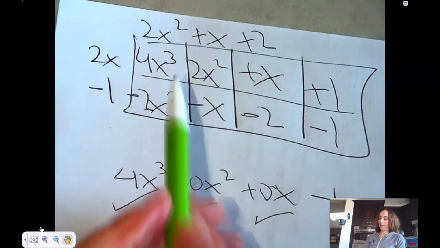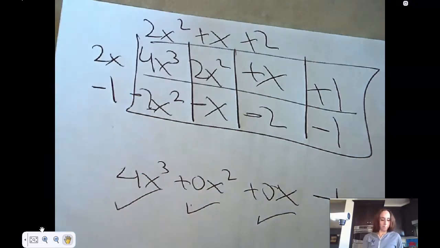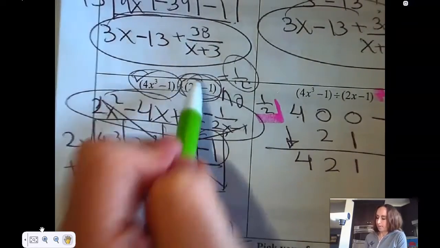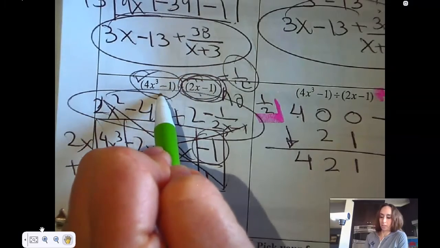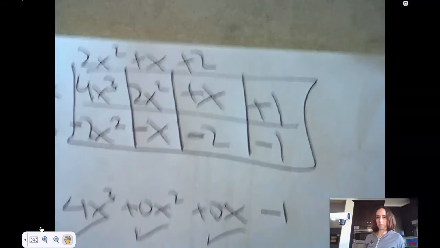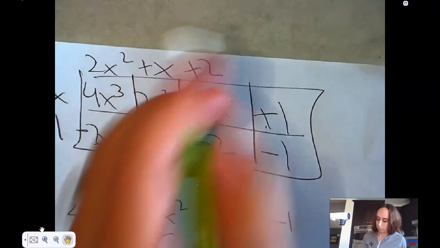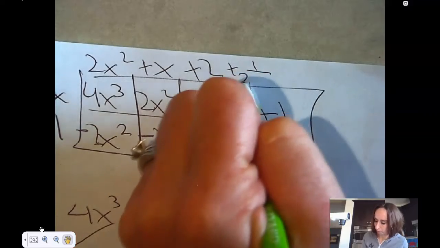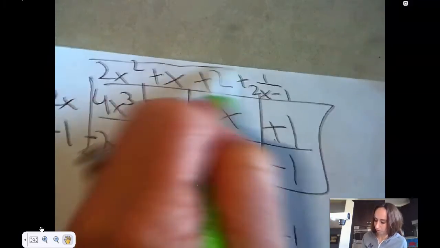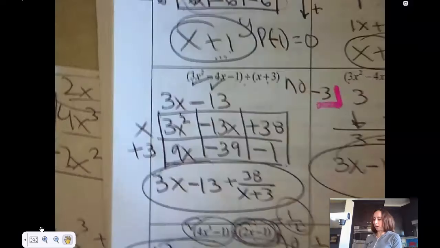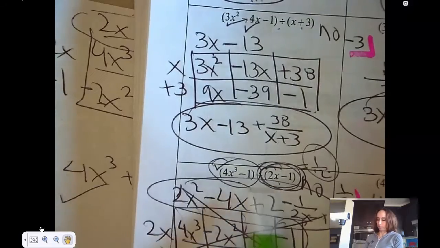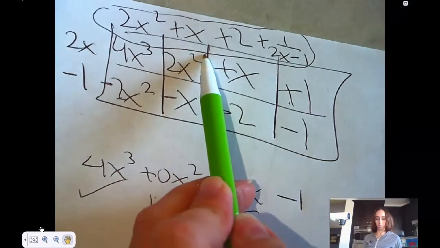So that's a mess up. Sorry about that. Is this a factor of this? No, because there is a remainder. The remainder is 1 over 2x minus 1. But if I said divide this divided by this, that would be your answer.